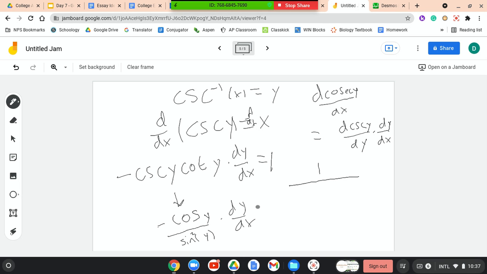It's 1 over negative cosecant y cotangent y, or I could say sine squared y over negative cosine y.